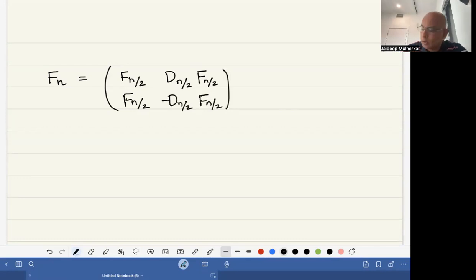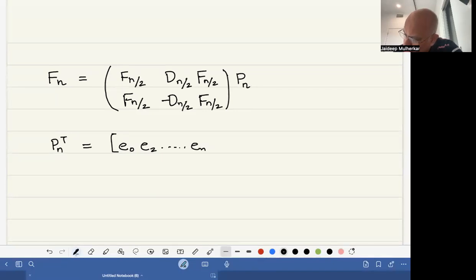And then, of course, there is a permutation matrix, P_n, where P_n transpose is equal to e_0, e_2, and all the even standard basis vectors, and then the odd standard basis vectors.